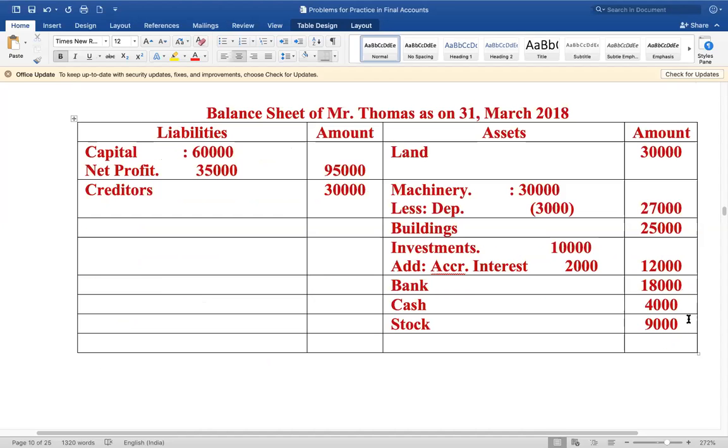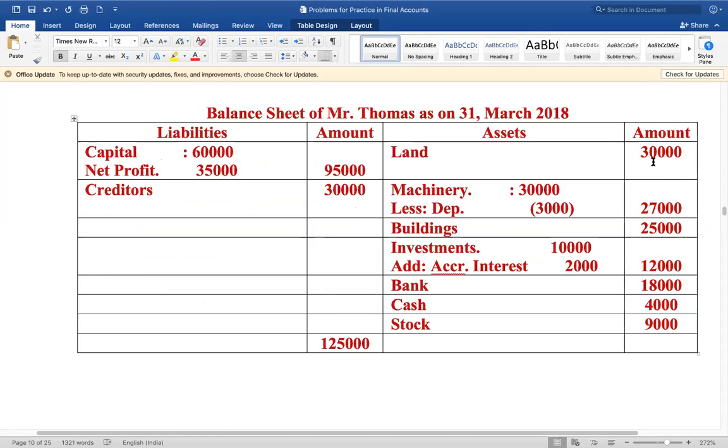At least make the total on the assets, while I'll make the total on the liabilities, because liability items are only 2. So I have made liabilities because it's only 2 items, 95 plus 30, 125.